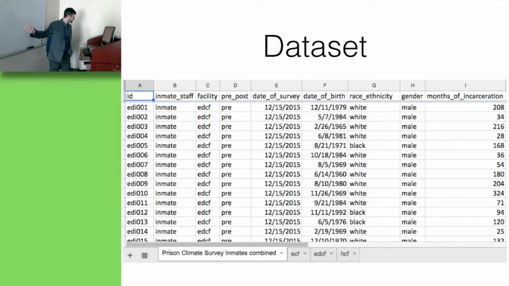So looking at this data set, we have one column called inmate underscore staff. This column, this variable, indicates whether or not someone was an inmate or a staff. If you're an inmate, you receive the value of inmate. If you were staff, you receive the value of staff.